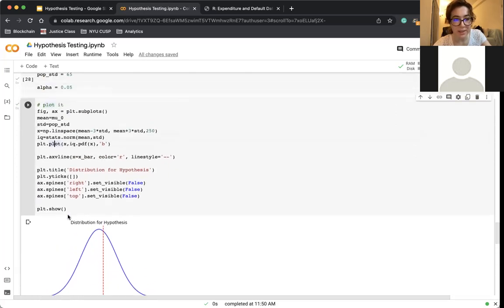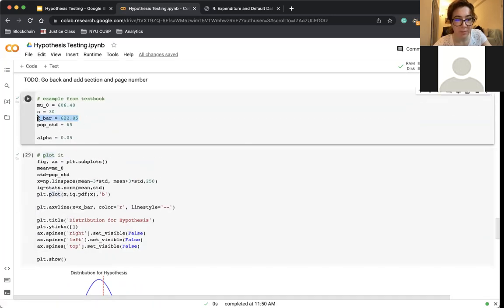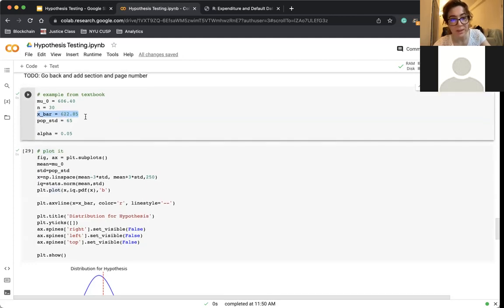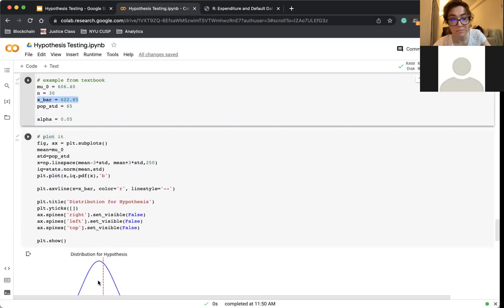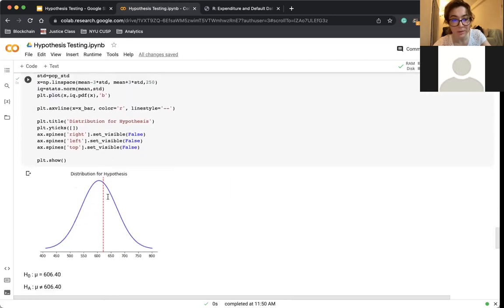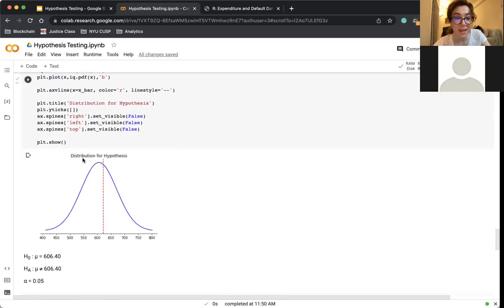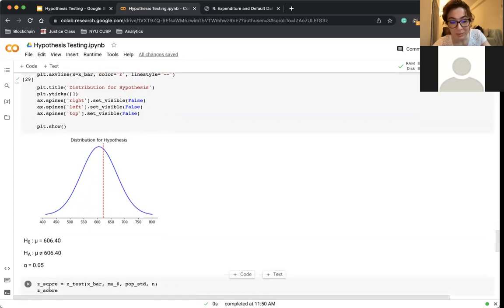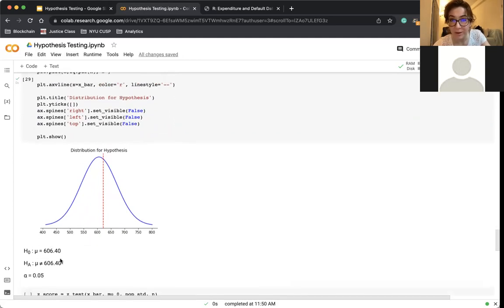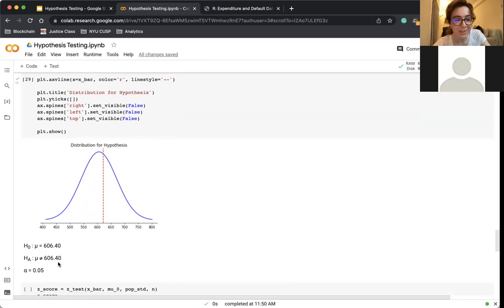We're trying to test if the value from our sample of 622 is far enough from the mean of the population to state that there's a significant difference. In this case, this would be similar to the mean of the plant height from the hops testing, to say that the average is very different from here.